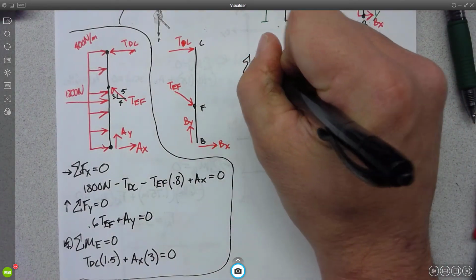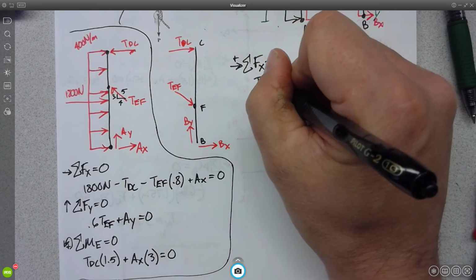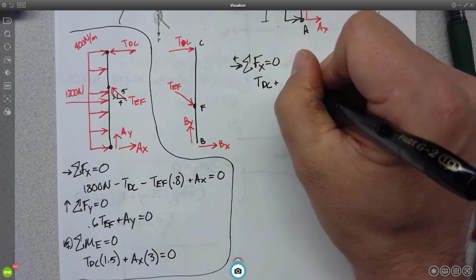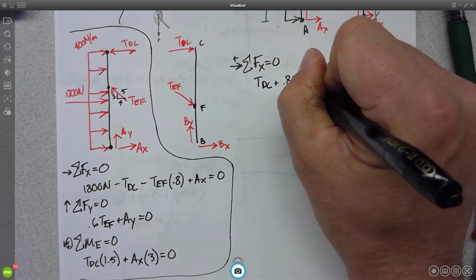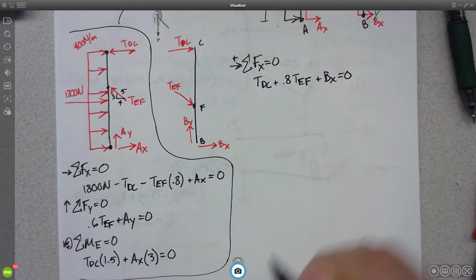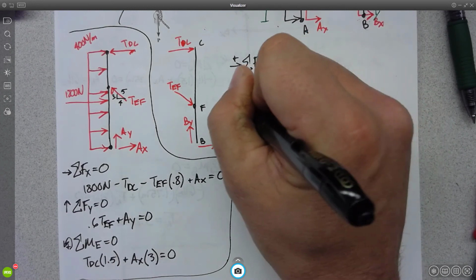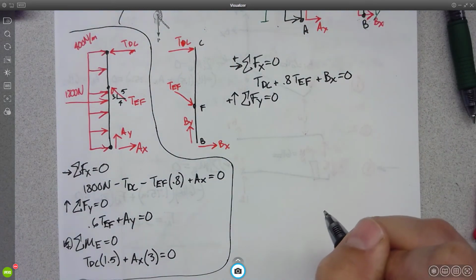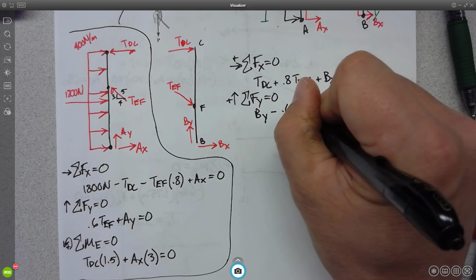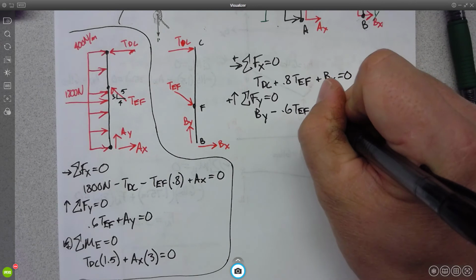Sum of the forces in the X equals 0. Looks like I'll have TDC plus 0.8 TEF plus BX equals 0. Sum them in the Y: BY minus 0.6 TEF equals 0.